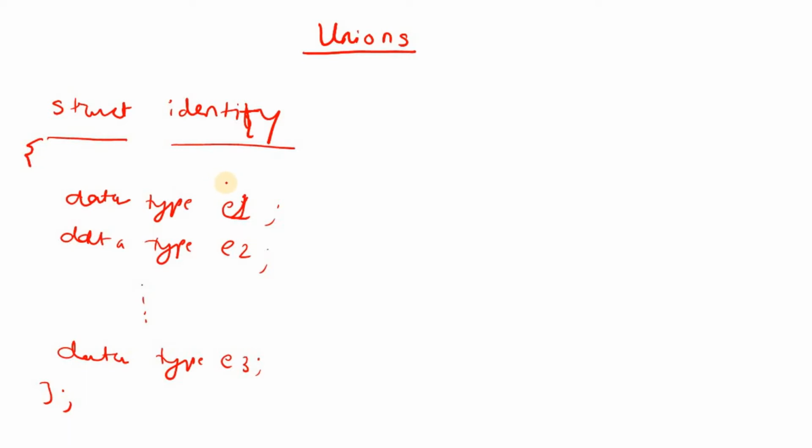Now, with the help of the structure, easily we can write the union. Just in place of struct we write union. A union also has an identity.